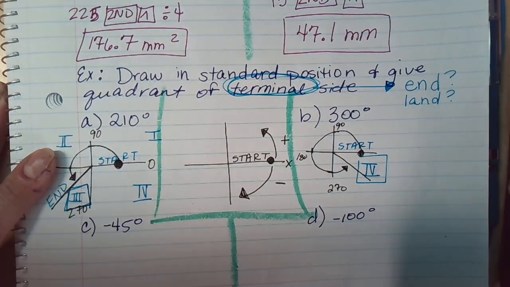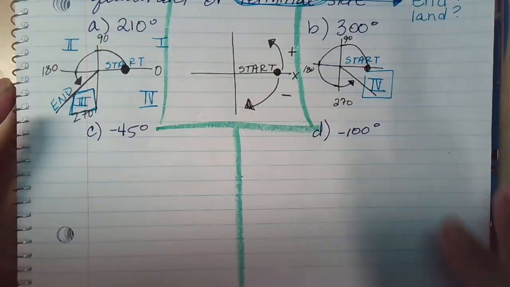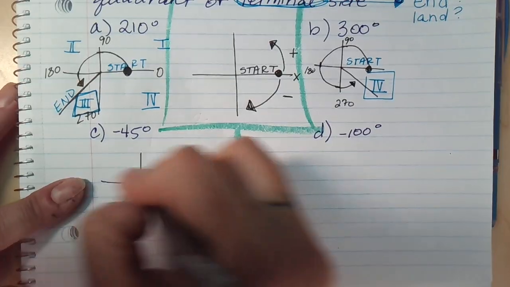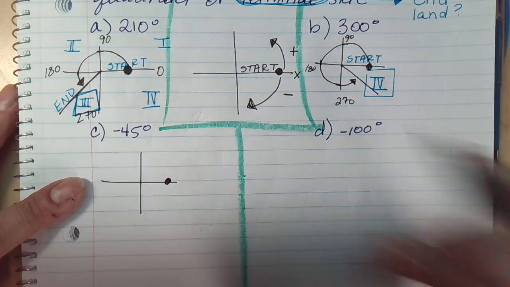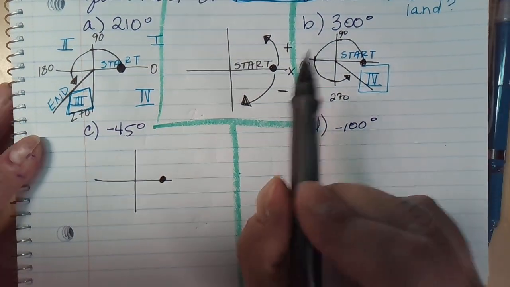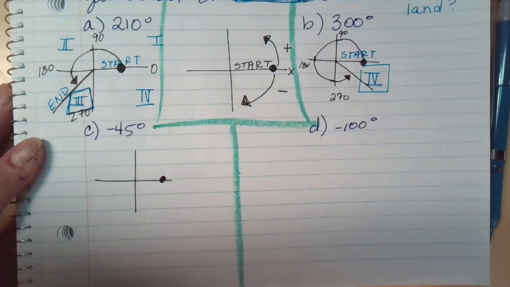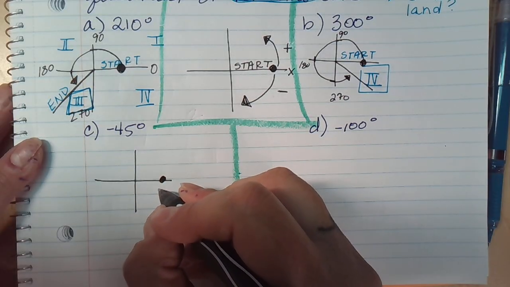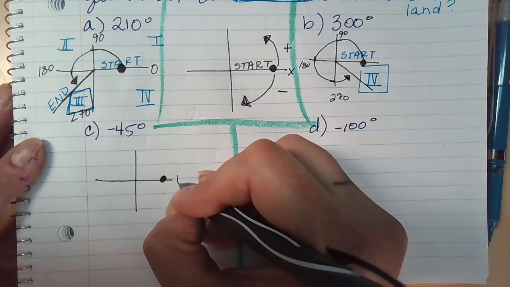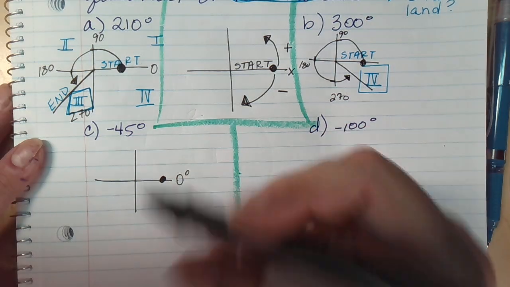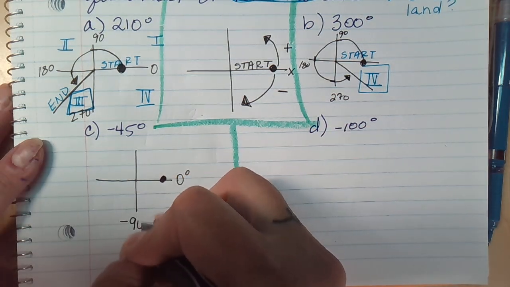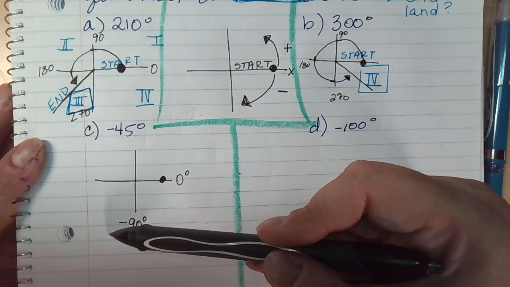All right, let's go again. Negative 45 degrees. We always start on the positive x-axis, and then negative means we're going to go down. Well, if I go down, my negative 90 is now at the bottom of my picture.